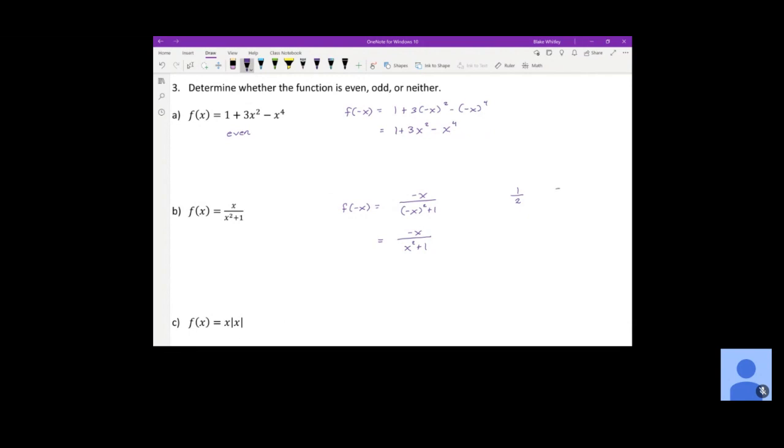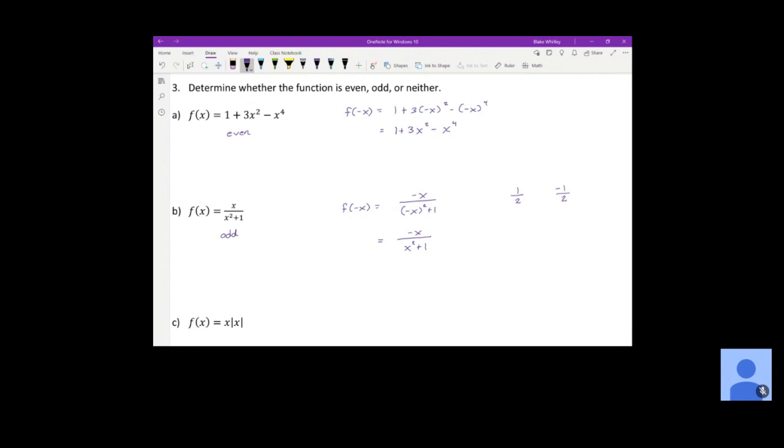Negative 1/2, right? So in that case, I only need one of those values to become a negative, not both, right? Because if both of them became negative, the negatives would cancel out and it would become a positive anyway. So in this case, I only need the numerator to be a negative, denominator stays the same, and so this is actually the opposite of what we started with. So now we can say that this is actually an odd function this time.